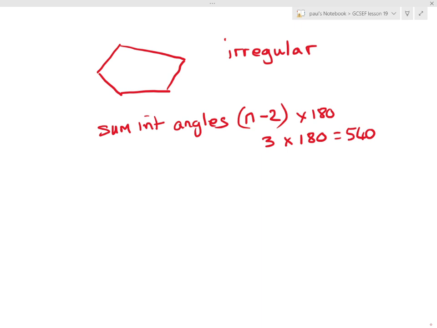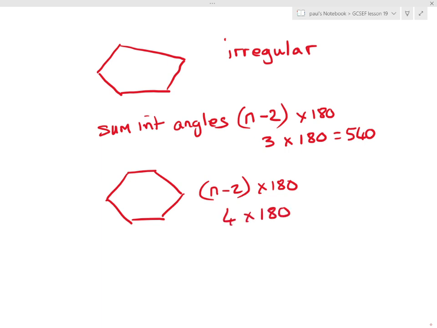So if I took a 6-sided shape, 1, 2, 3, 4, 5, 6, I would do n minus 2 times 180, which is 6 minus 2, which is 4 times 180, 720. Always works, right?